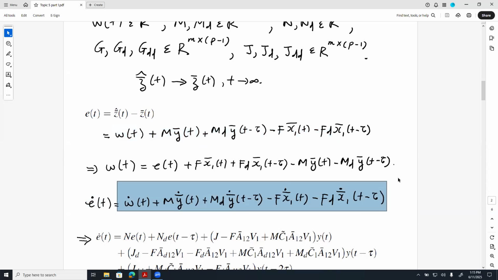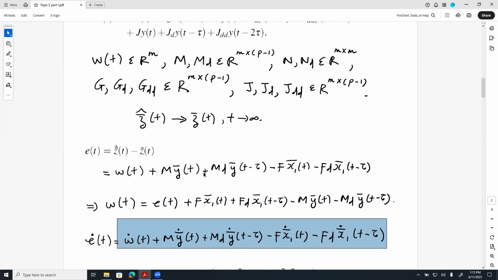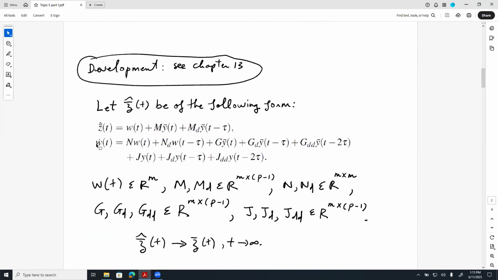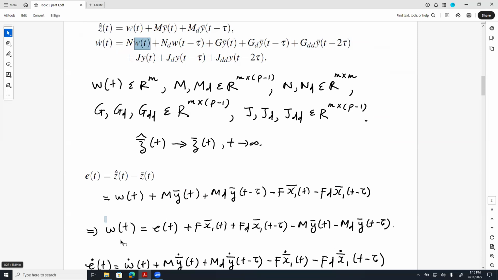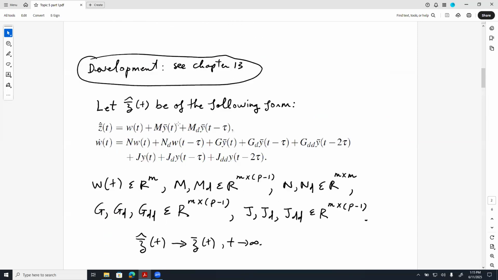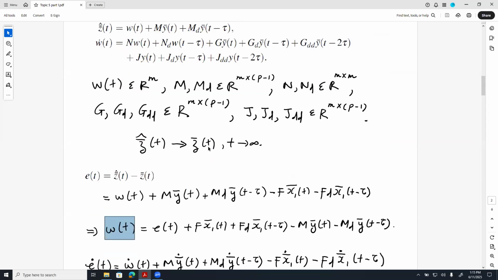And then it's just a matter of substitution, and after some tedious algebraic derivation, we can use all the information about omega dot in here, as well as using that omega t, which is the one given in here, and then also the delay terms and so on.